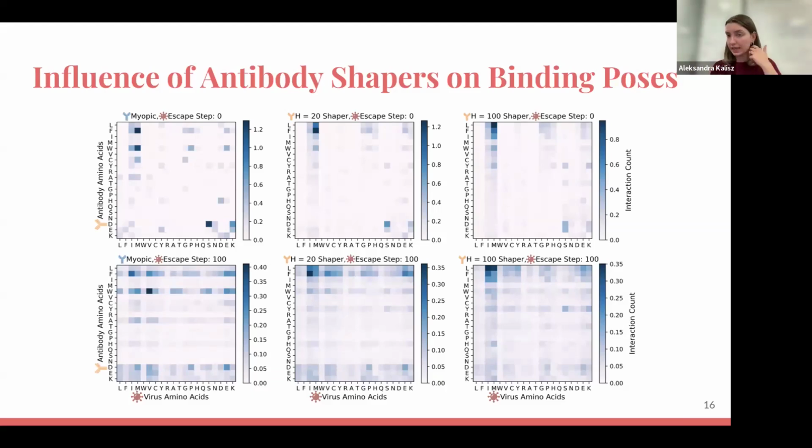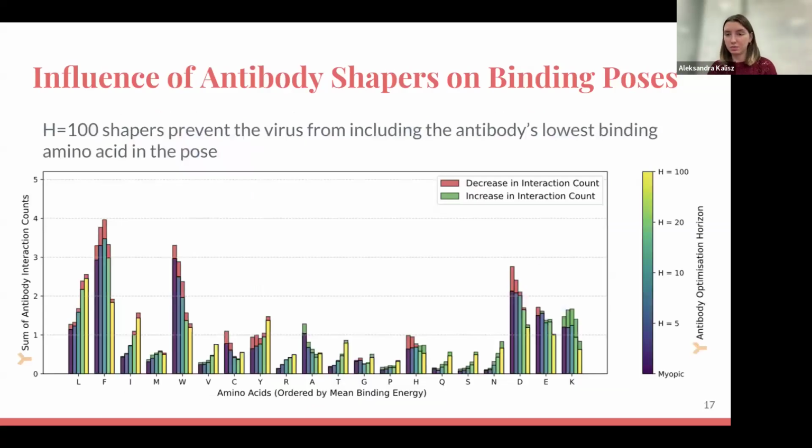These on their own are not super informative. You can just see that things sort of diffuse a little bit, but we can aggregate results from these binding pose matrices, and then we discovered something slightly more interesting. So what's the influence of the antibody shapers on these binding poses?